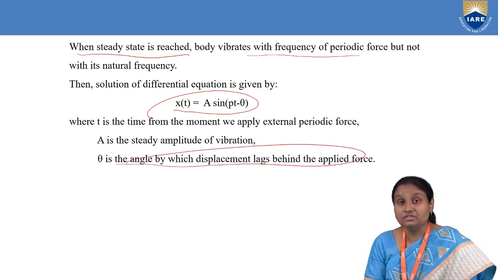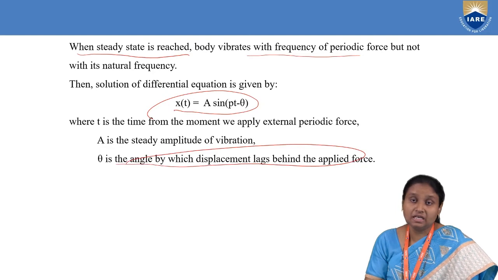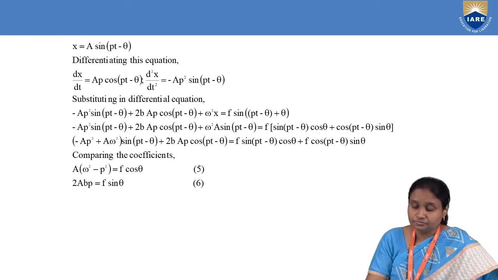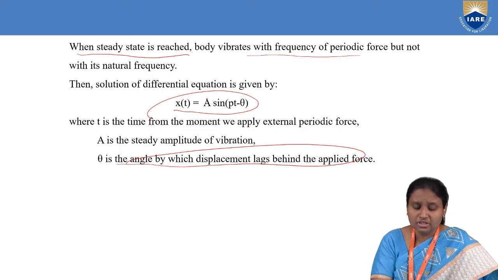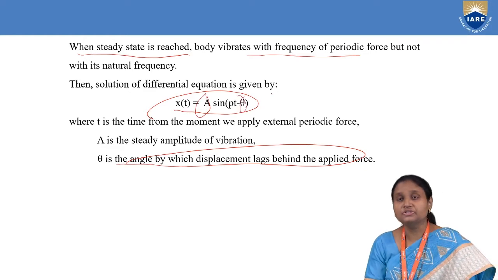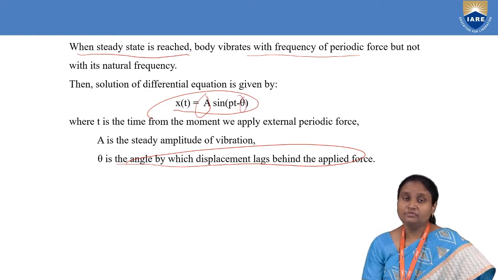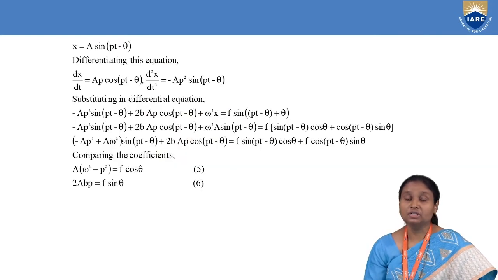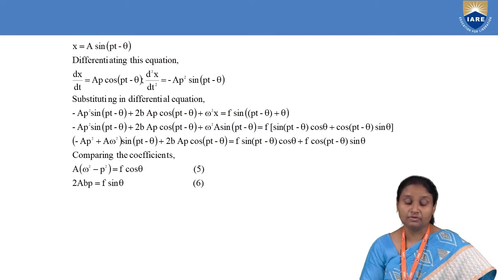It is the phase difference between the displacement and the applied force. So by taking this equation, we'll get the expression for the steady state amplitude of vibration as well as for theta, and from those expressions we'll figure out the different conclusions we can draw.